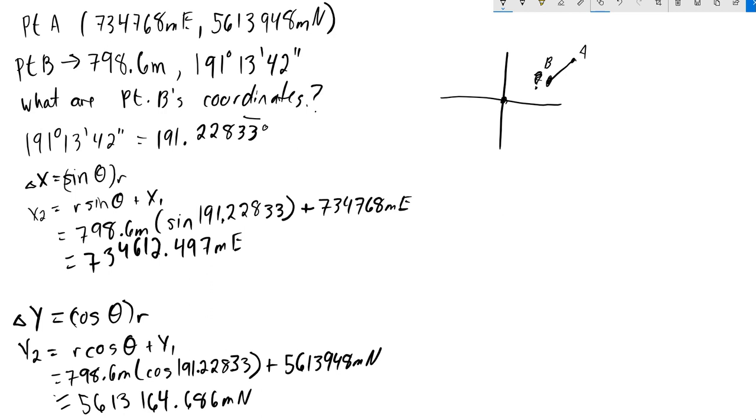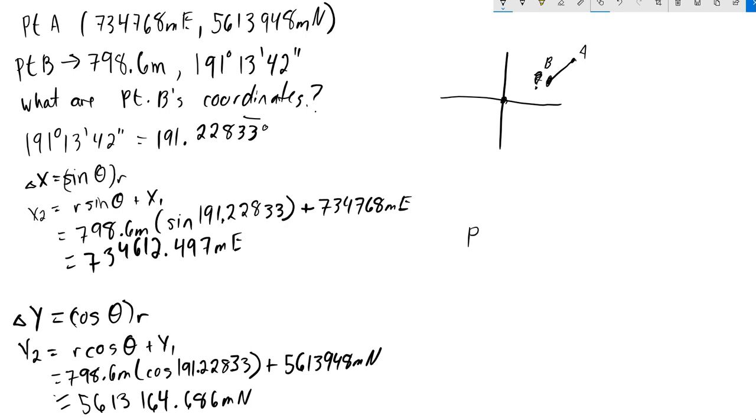So I get 5,613,164.686 meters north. Now, does that make sense? Has it gone down? It went from 948 meters down to 164 meters. So that makes sense. I would say this looks correct.